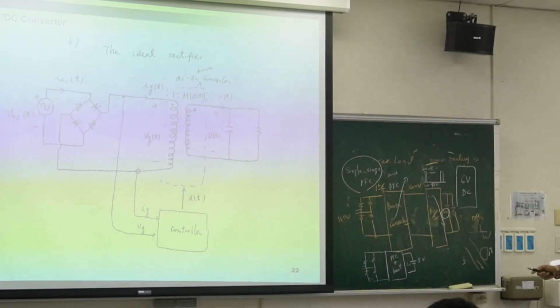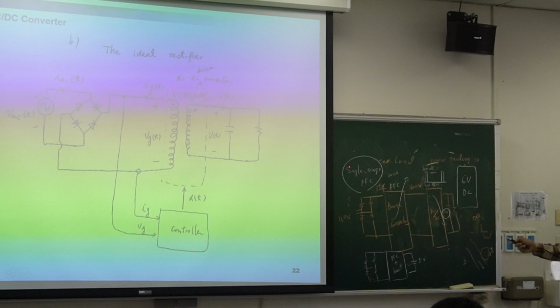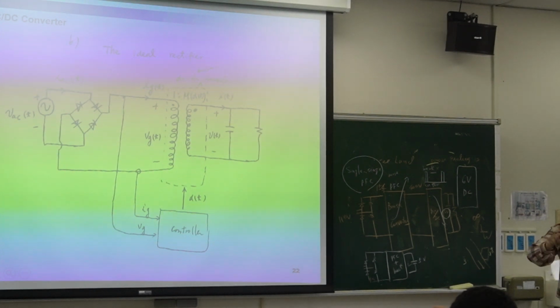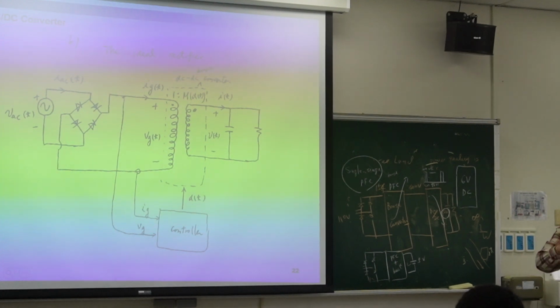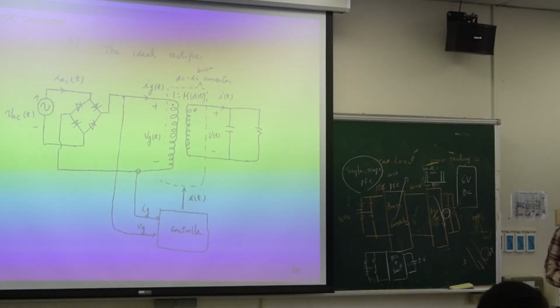So if you have no idea what your topic is, maybe I suggest you can do single stage PFC. It is a challenge because you have to do two things at one time, and these two things conflict. The DC converter focuses on output voltage regulation.